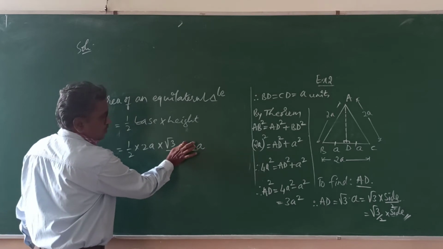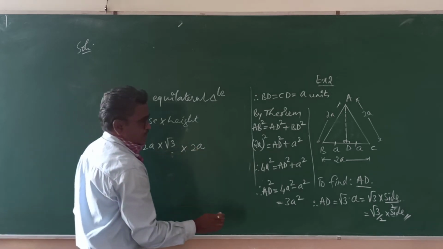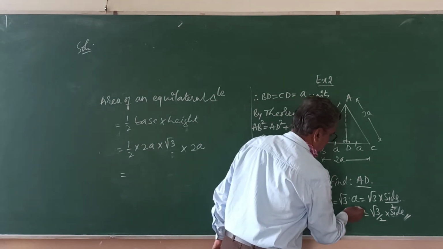Root 3 into side means 2a, and root 3 into a means half of the side.